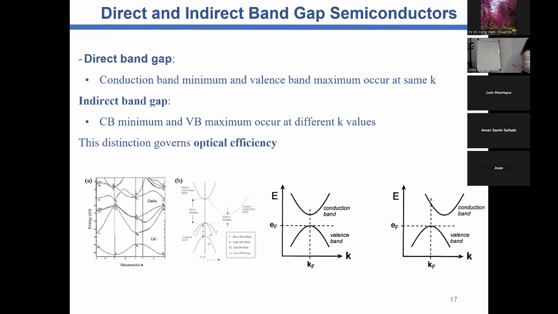This is more visible in inorganic compounds, and the indirect gap is more visible in organic materials because of the electron-phonon coupling. When there is a lot of scattering in organics, they have an indirect energy gap.